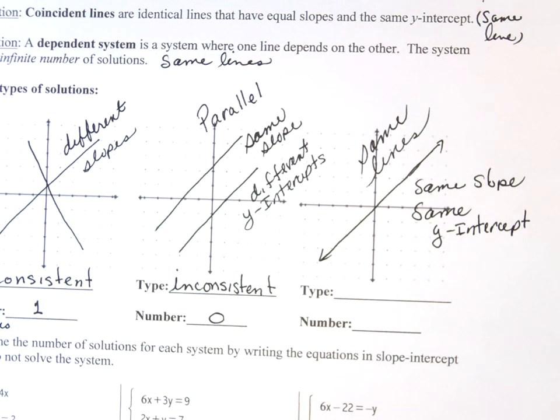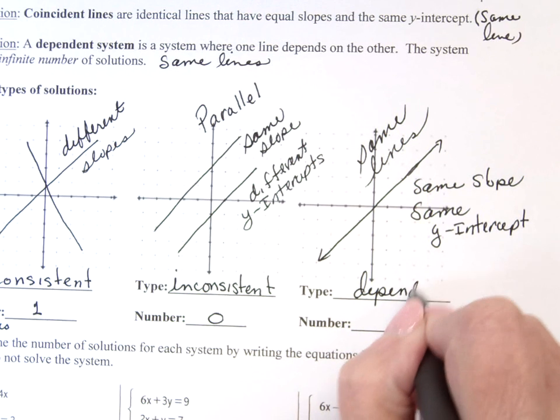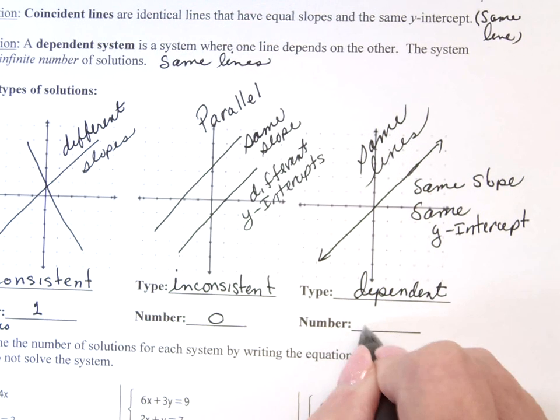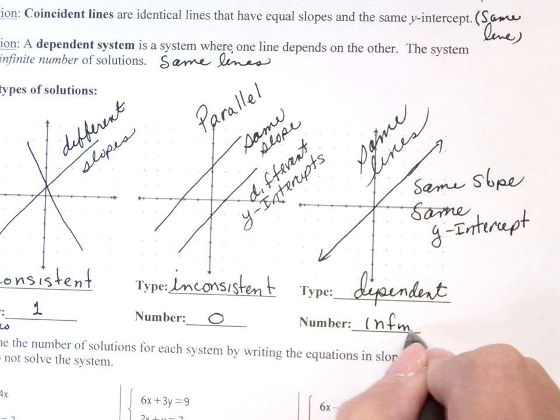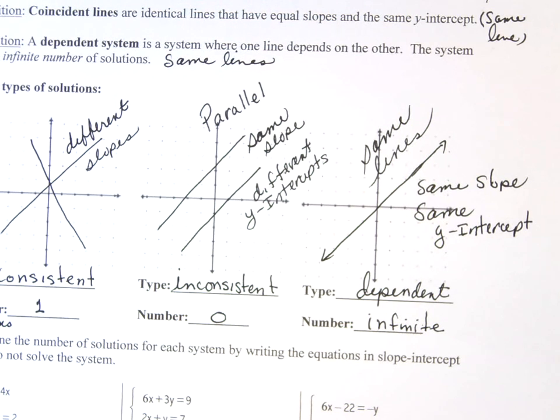This type is dependent, and the number of solutions is infinite. So it has an infinite number of solutions. What do the lines have in common? The line itself. So the solution is the line, which is an infinite number of xy coordinate points that form it.